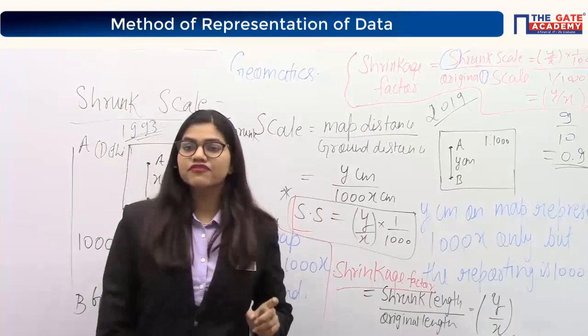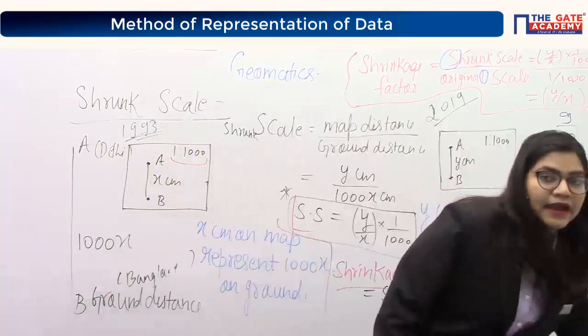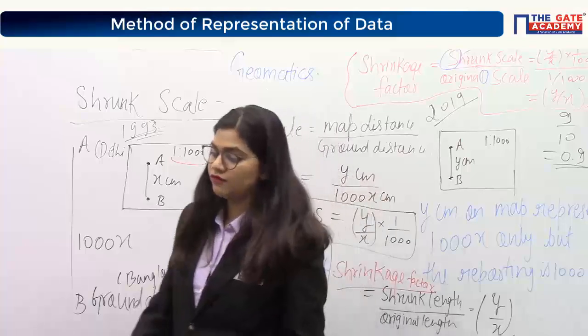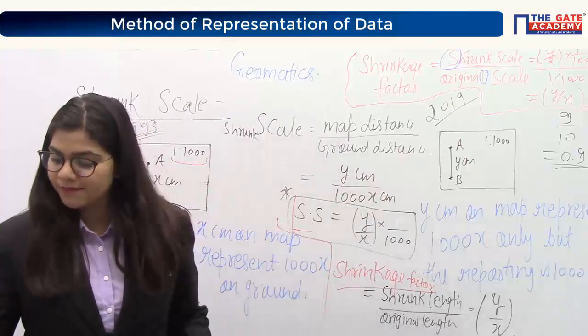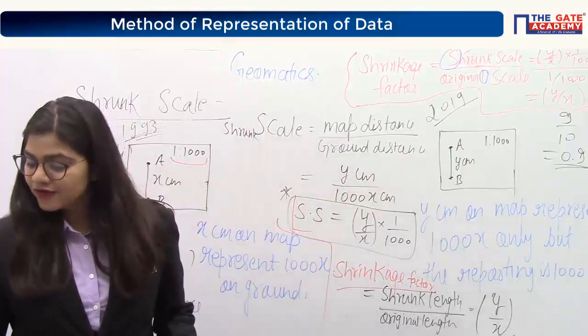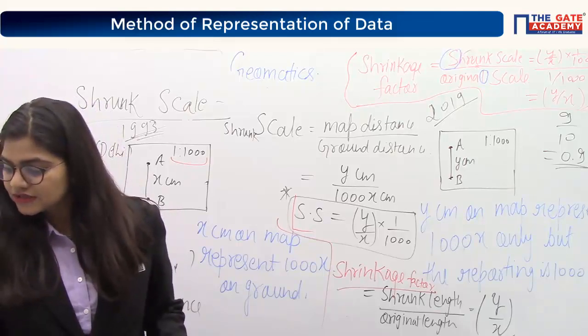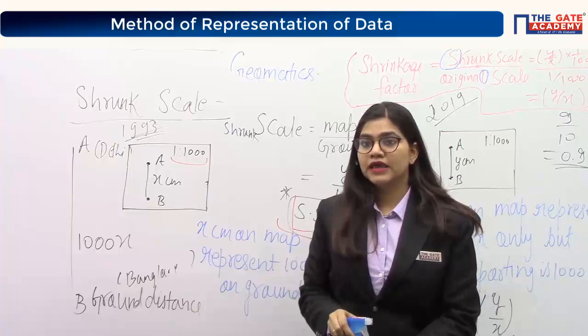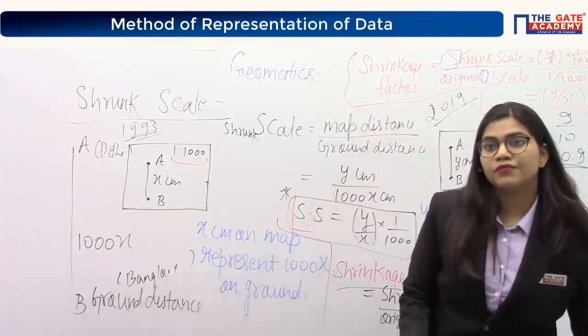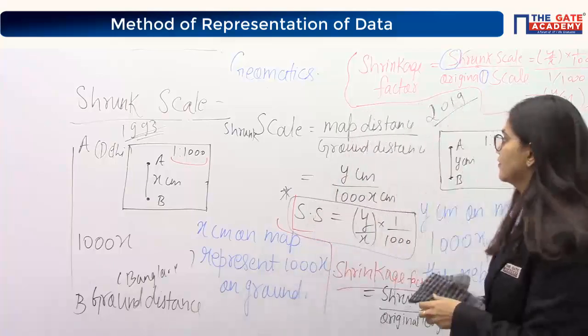Tell me what is the difference between map and plan? Any idea, anyone? What is the difference between plan and map? Yes, scale difference. Which scale is smaller and which scale is larger? Can you tell me?